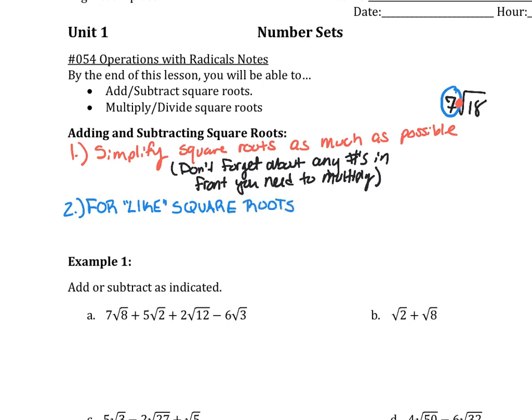Again, only like square roots. If we had a square root 2 and a square root 3, we could not add those together. For like square roots, you add or subtract the numbers in front of the square root, and the square root stays the same.